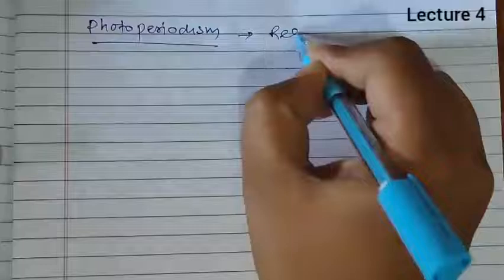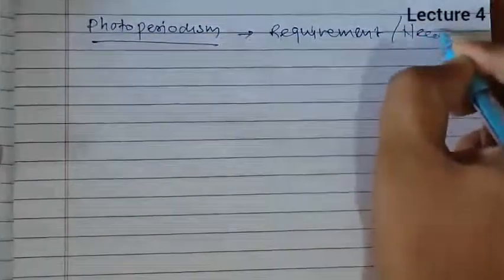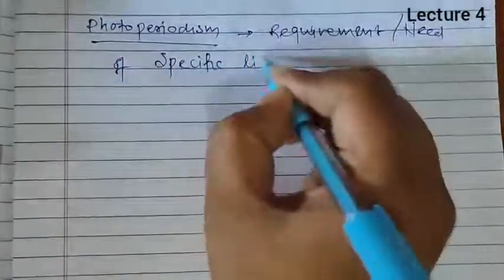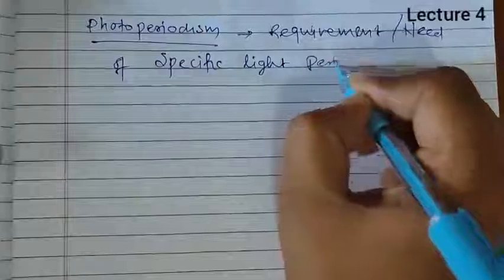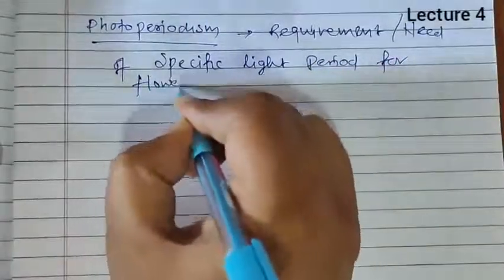Photoperiodism is the requirement or need of a specific light period for flowering.